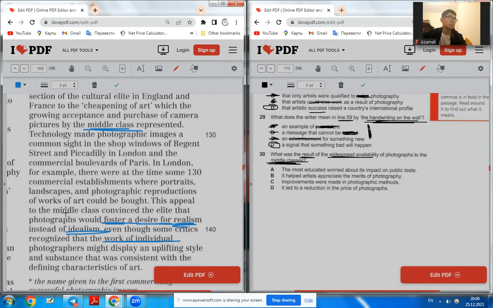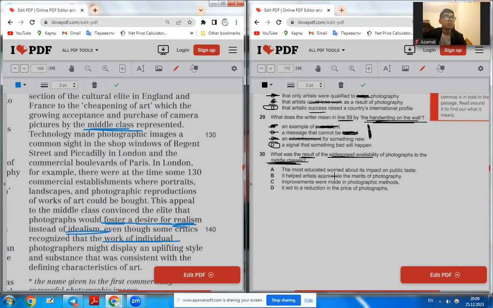So, this appeal to the middle class convinced the elite that photographs would foster a desire for realism instead of idealism. Okay. The most educated worried about its impact on public taste. Maybe it helped artists appreciate the merits of photography?